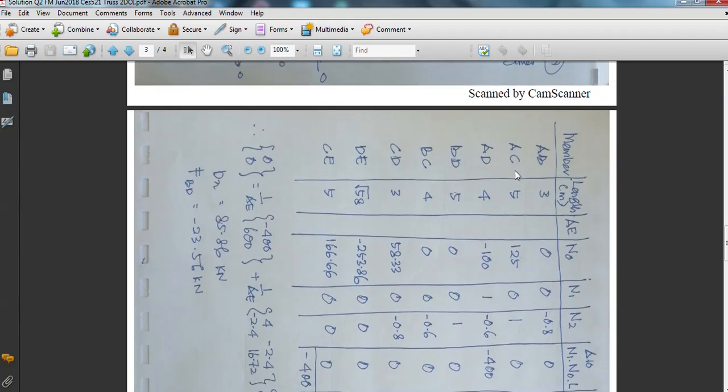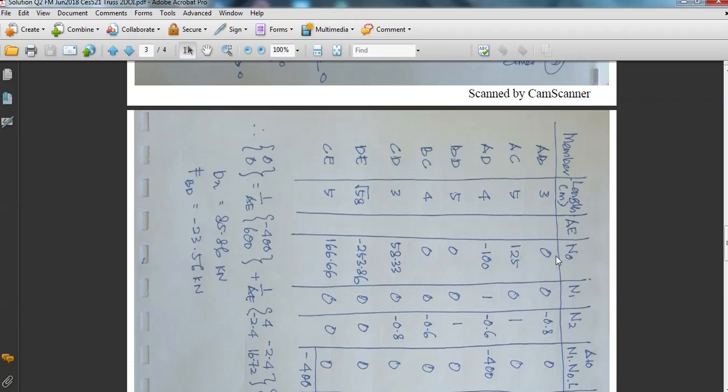Since we have 8 members, AB, AC, AD, BD, BC, CD, DE, CE, you must tabulate all of the members here: 1, 2, 3, 4, 5, 6, 7, 8. Then the length of every member. For AE in this example, because AE is constant, I leave it blank here. I will consider AE later.